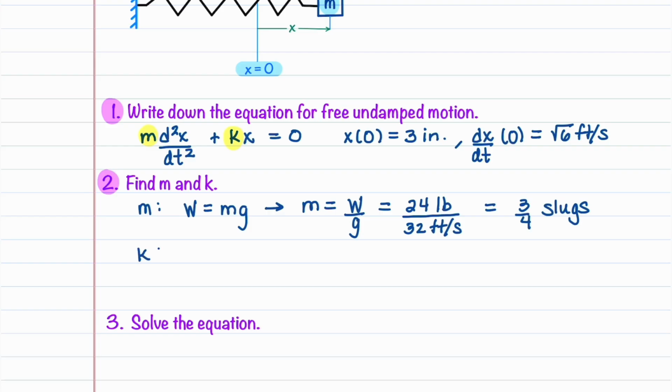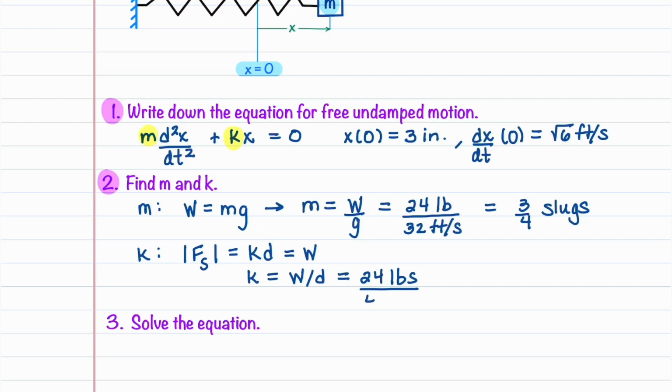Now let's find k. K is the spring constant, and Hooke's law tells us that the absolute value of the force is equal to k times d, and that is equal to the weight of the mass. Solving for k, we get that it is equal to w divided by d. Our weight is 24 pounds. And then d is the amount that the spring is stretched, and we're told that our spring was stretched 4 inches.